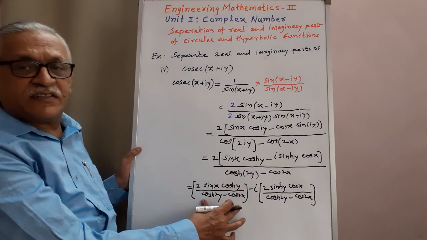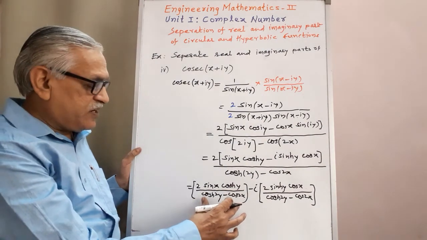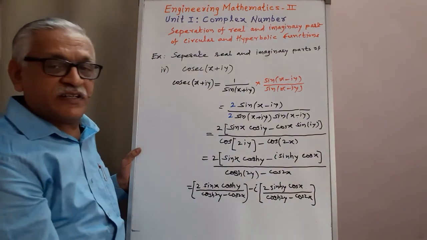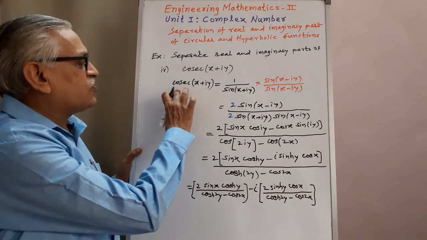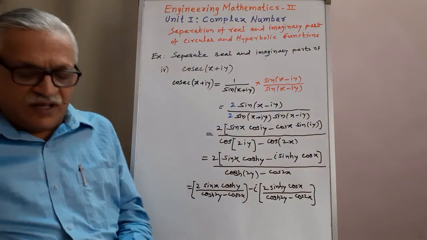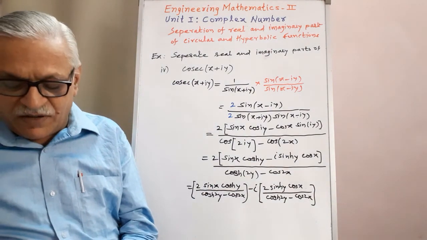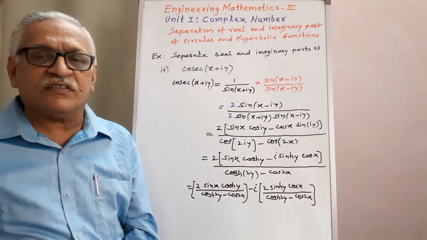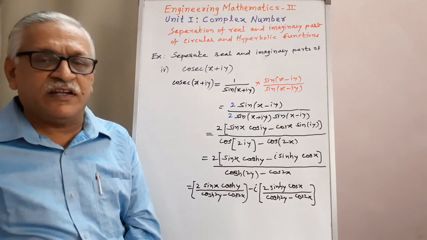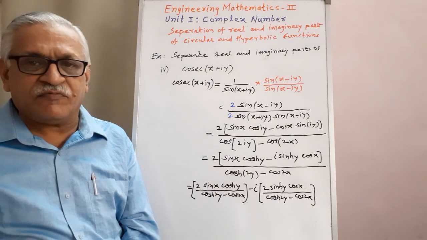Therefore, first bracket is the real term, therefore real part, and second bracket represents the imaginary part of cosec of x plus iy. Like this, we can separate the given function into its real and imaginary part.